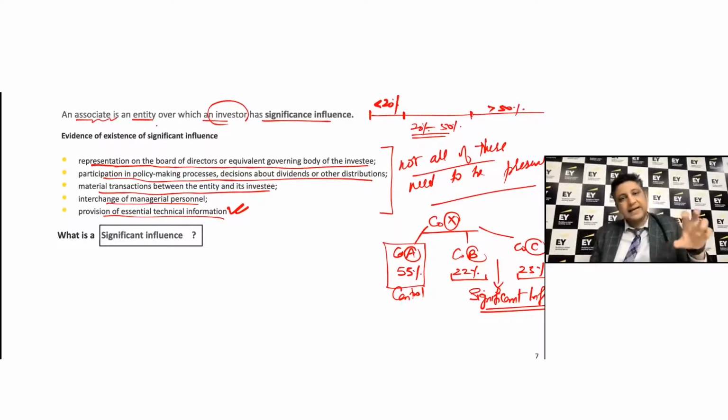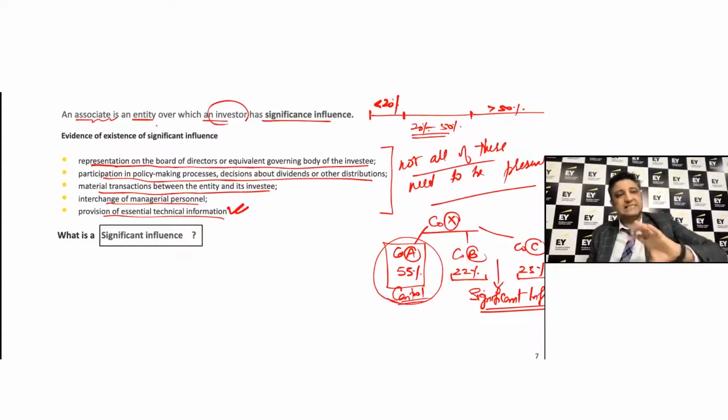But the moment I say it's control, to be a parent, you are the only entity who's presumed to have control. Don't worry about the shareholding part. What is essential to take out of this discussion is that if you have control, you are the parent, and two entities cannot have control at the same time.